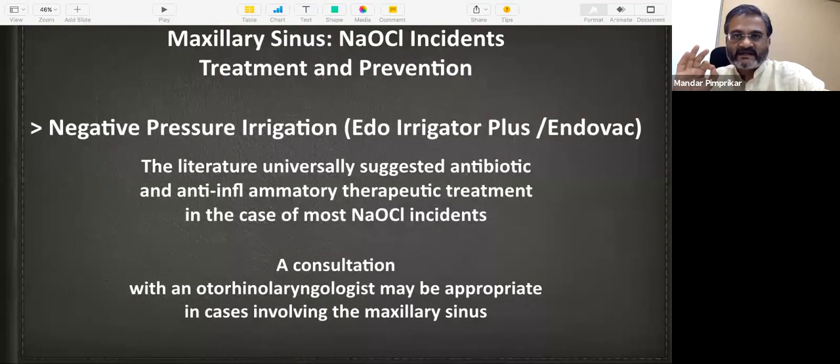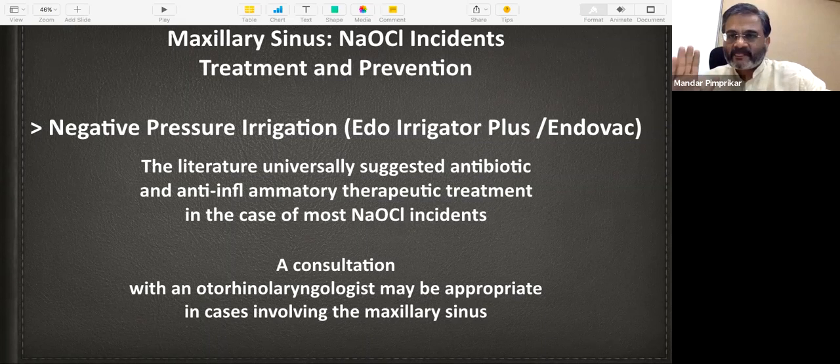So maxillary sinus incidents, if it happens, how to prevent? You can use negative pressure. If you happen to push hypochlorite or your irrigating solution into the maxillary sinus, consult an otolaryngologist and they can help.